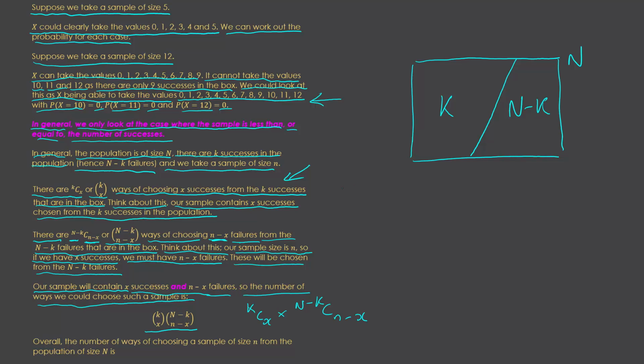When we choose our sample of size n, if we get x successes, then we must have chosen n minus x failures. And we can see from the left-hand side of the diagram that that is kCx, and from the right-hand side of the diagram that that is (N minus k) C (n minus x).